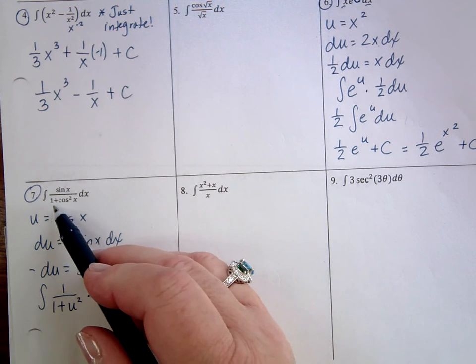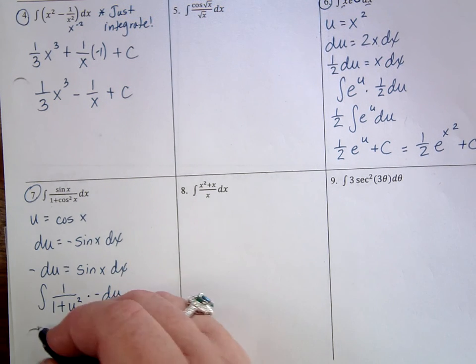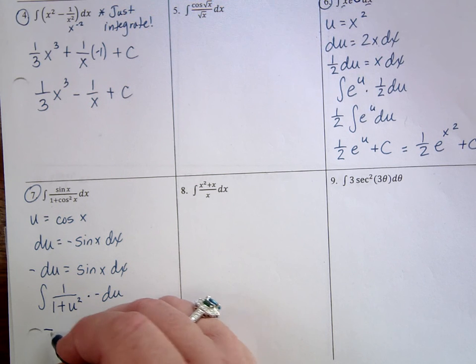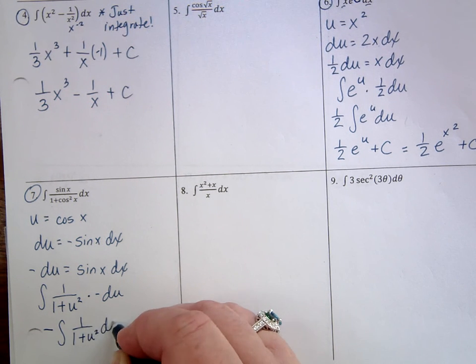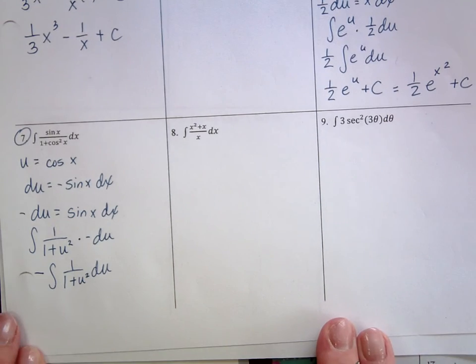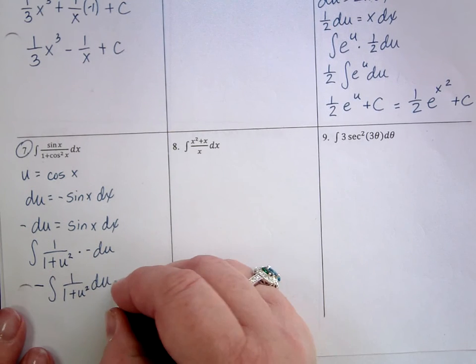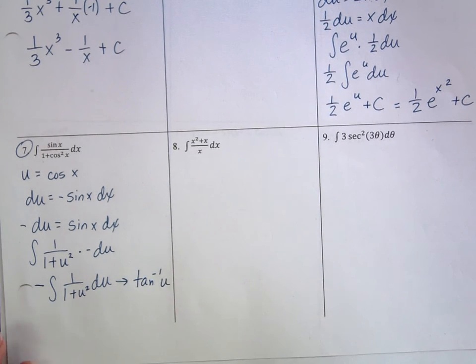So 1 over 1 plus u squared du with a negative. If I were to make that prettier, the negative comes out in front, right? And I've got my 1 over 1 plus u squared du. And you say, wait a minute, that looks kind of familiar to me. I hope you're saying that anyway. That is an inverse tangent. Remember that? 1 over 1 plus x squared, the one that we looked at, is really the tangent to the negative 1 power.